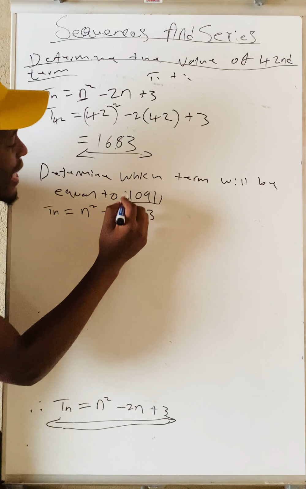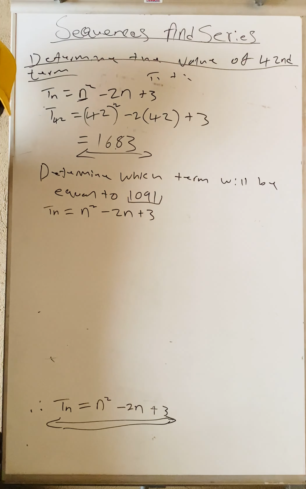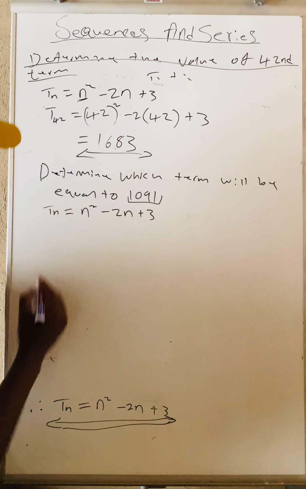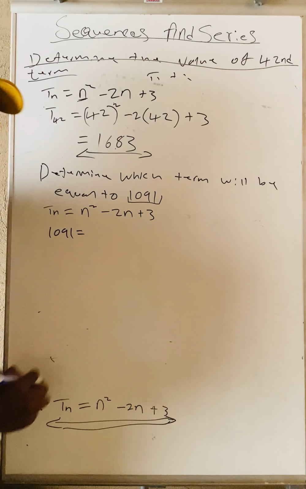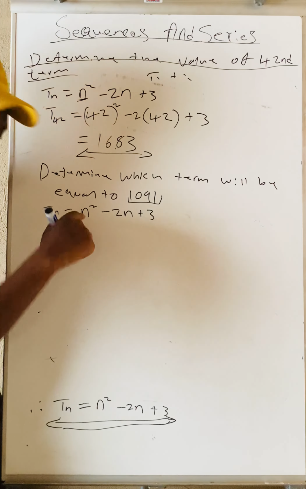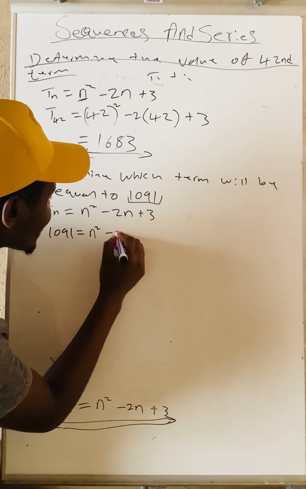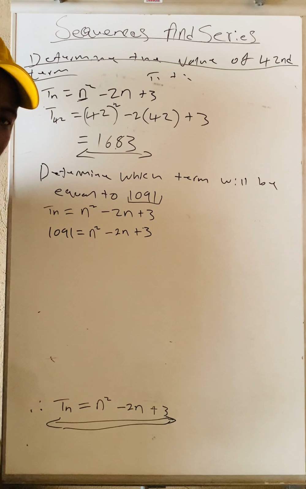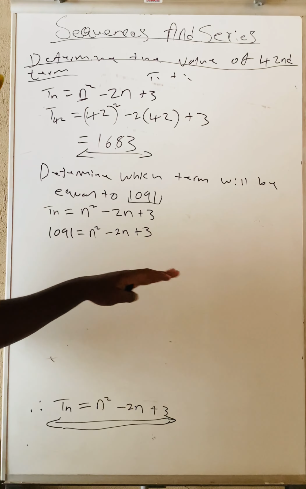Which one it will be equal to 1,091. Right. Here we substitute. This one is our Tn. We say 1,091 is equals to, we do not have n. You write the way it is, n squared minus 2n plus 3. Right.